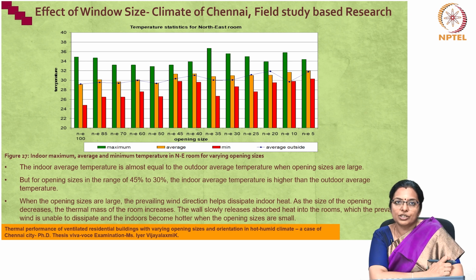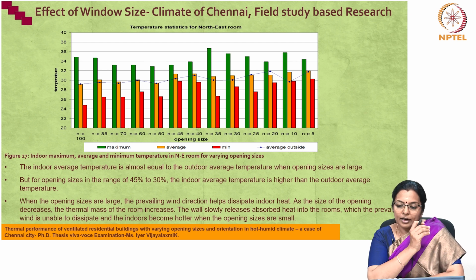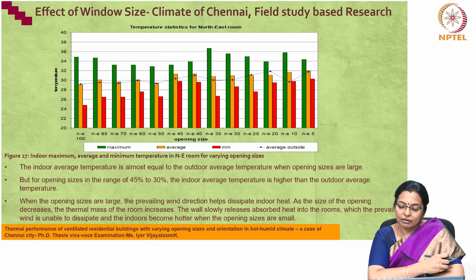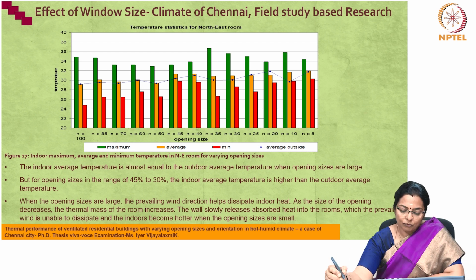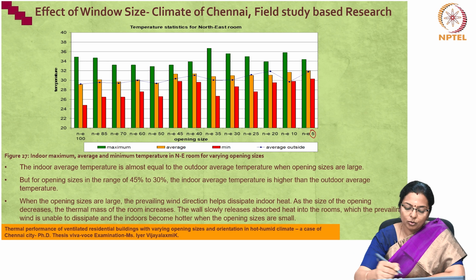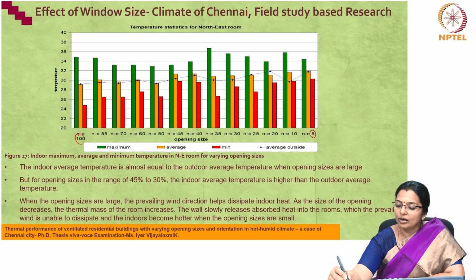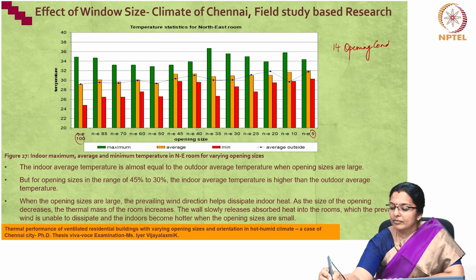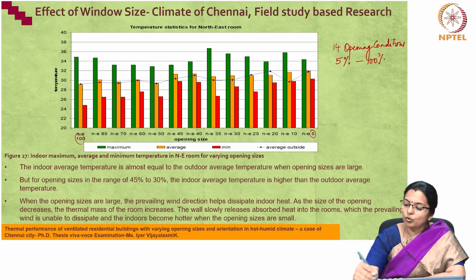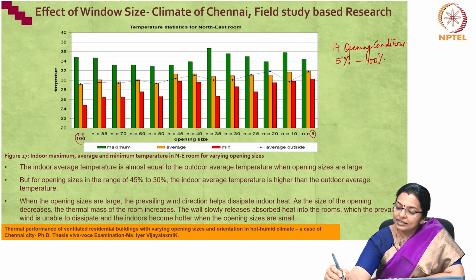There is another study, which is field based research, where the window sizes were gradually increased from 5% to 100%, about 14 opening conditions in terms of size, as shown in this graph.